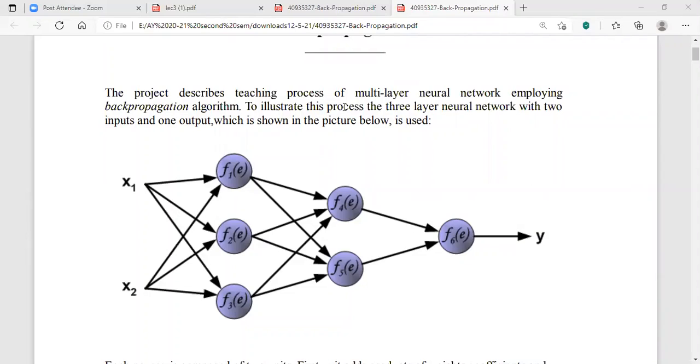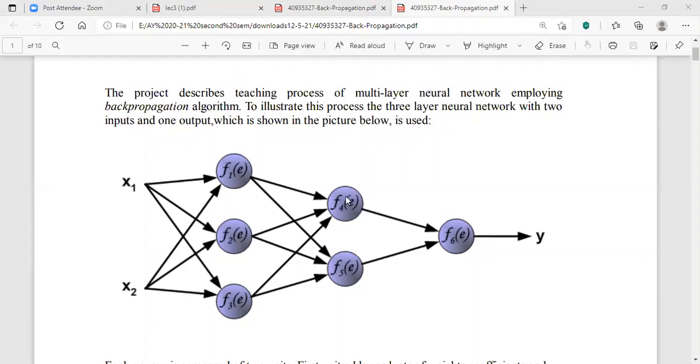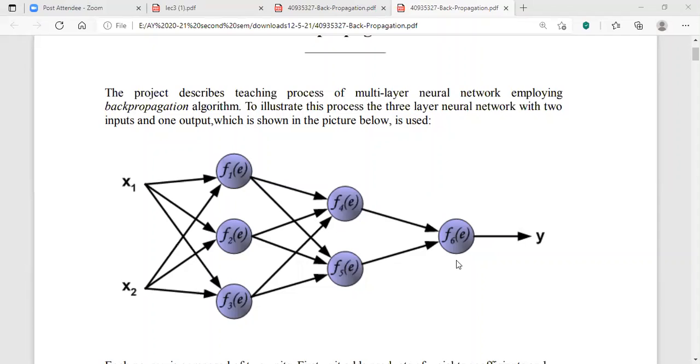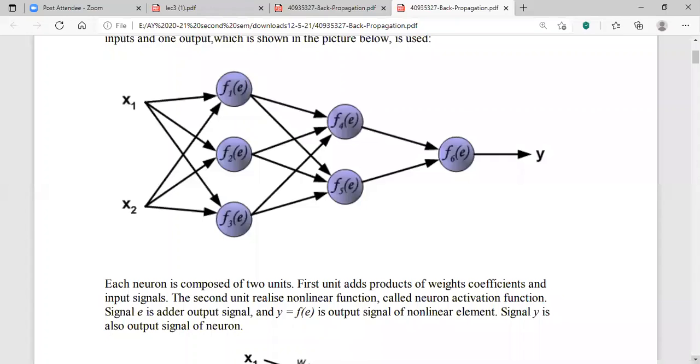Okay, so starting with, you have three input neurons, two input signals and one output signal. And two hidden layer neurons and one output neuron. For your easy understanding, we have chosen a simple multi-layer neural network.